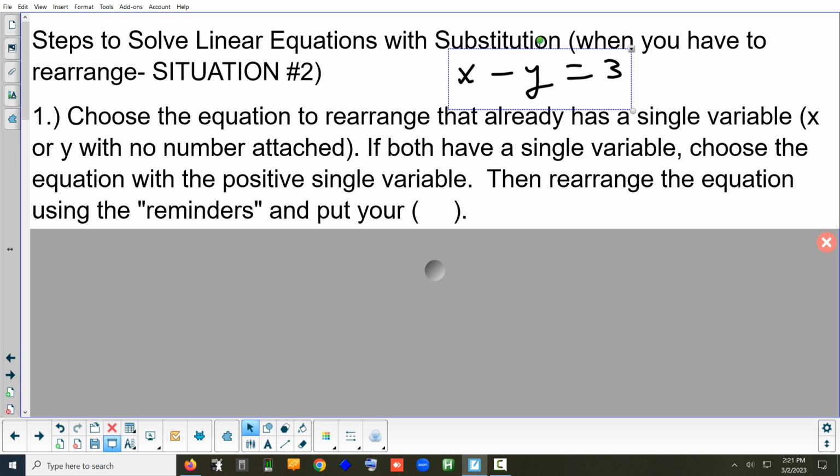They're both a single variable with no number attached to them. Choose the positive one to get by itself. So if you look at the equation x minus y equals 3, which letter there is the positive one? The x or the y? Yep, x. This would be what I would try and get by itself. The negative y is what I would try to put over on the other side.